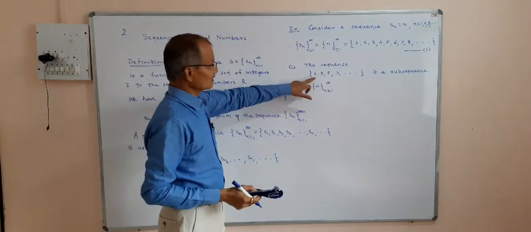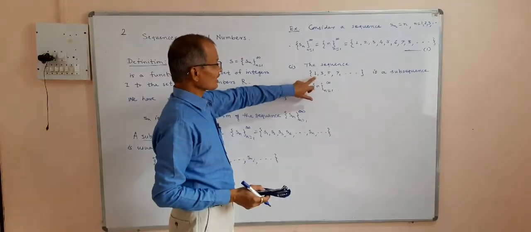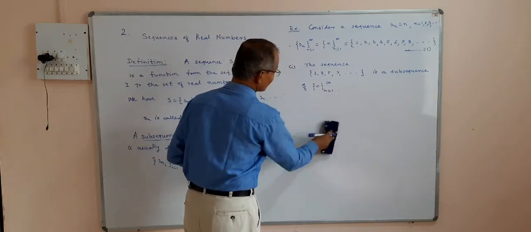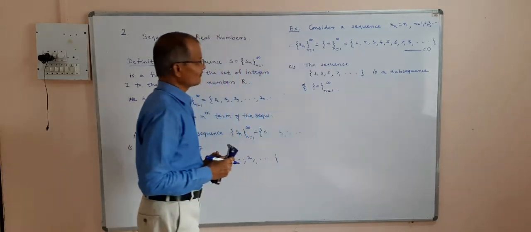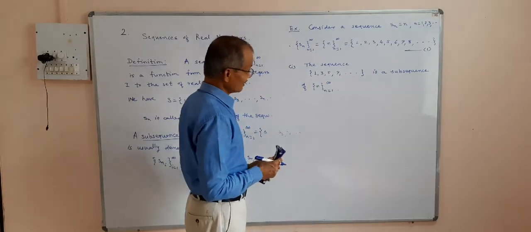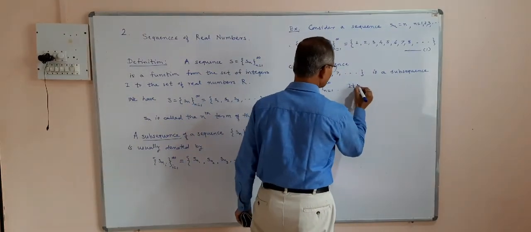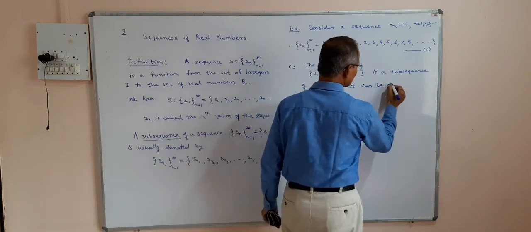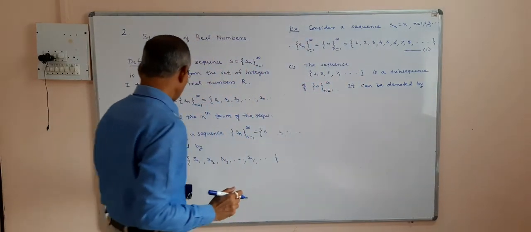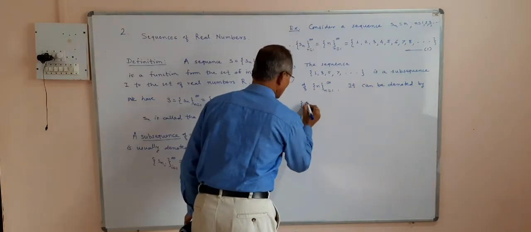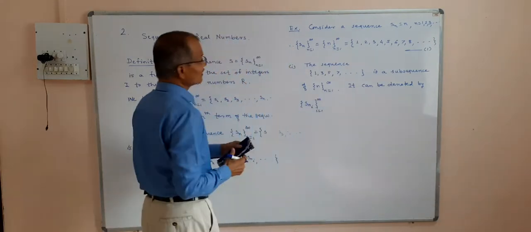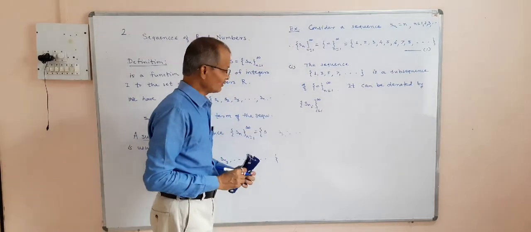Now observe the terms of this subsequence. A subsequence is also a sequence, but the relation is that it is a subsequence of the original sequence. The terms are 1, 3, 5, 7. Now how the terms are defined, it can be denoted with this notation, Sni, i takes values 1 to infinity.